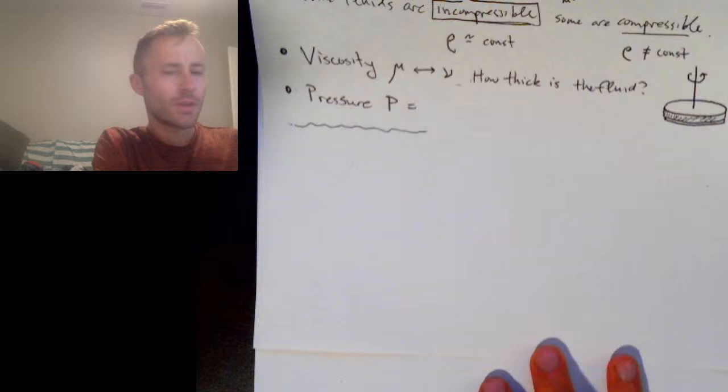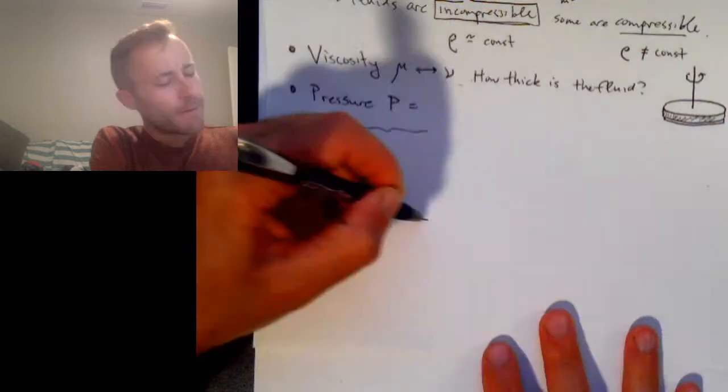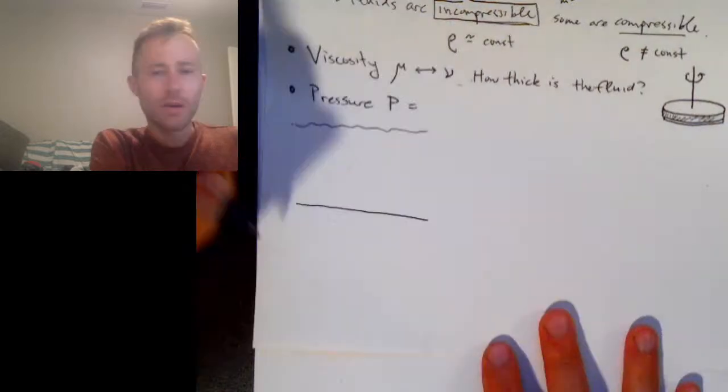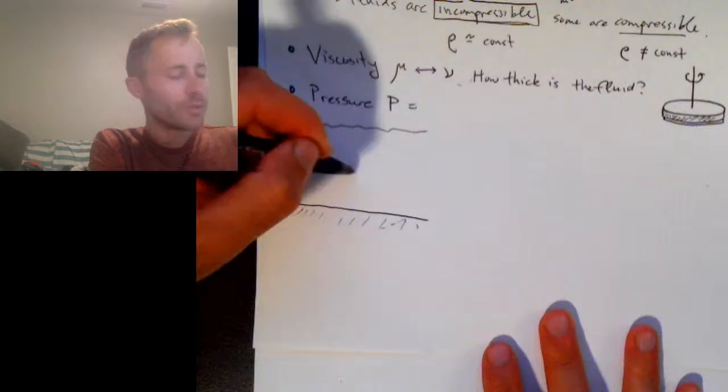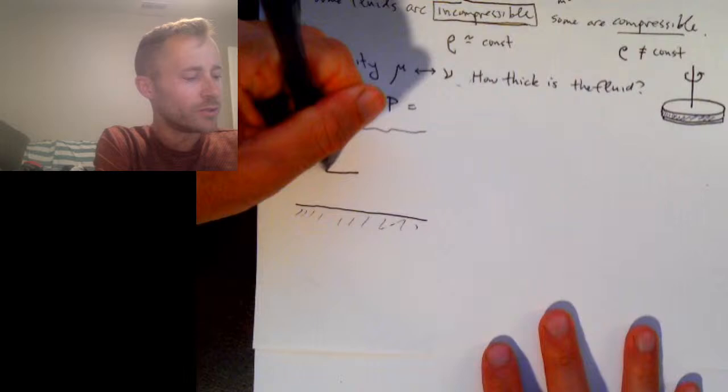Here's the bottom of the ocean. And in that ocean, we have a submarine. I'm going to represent the submarine just as a box.